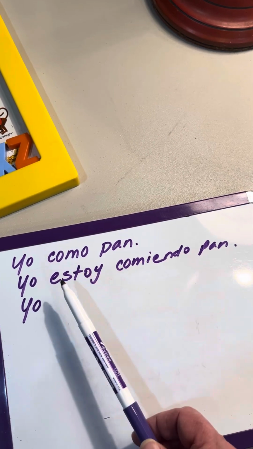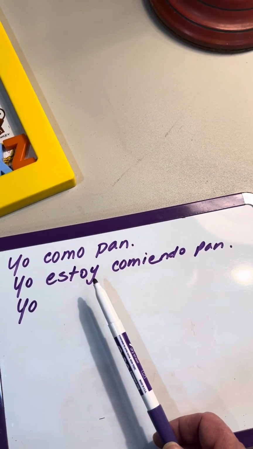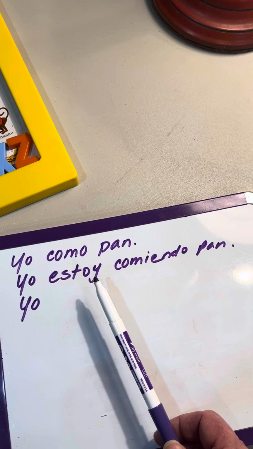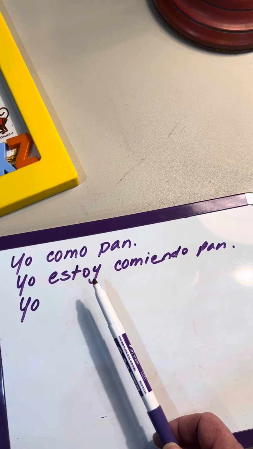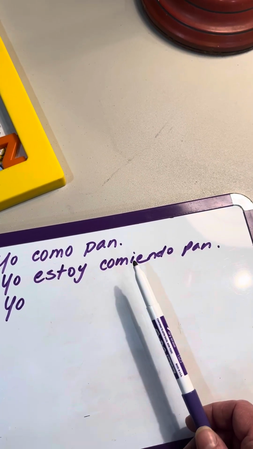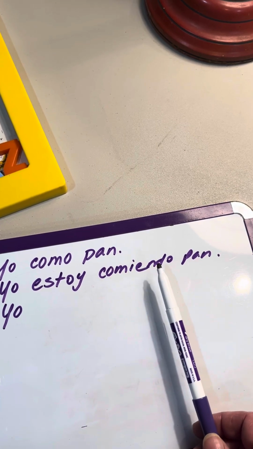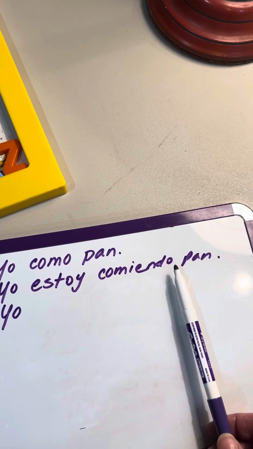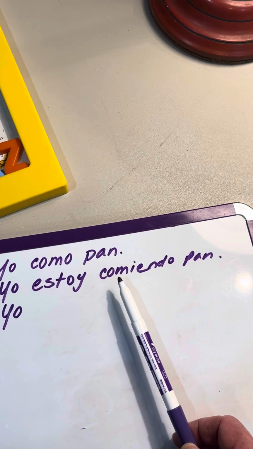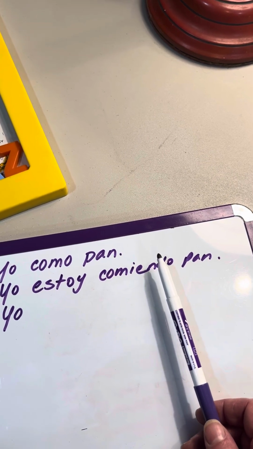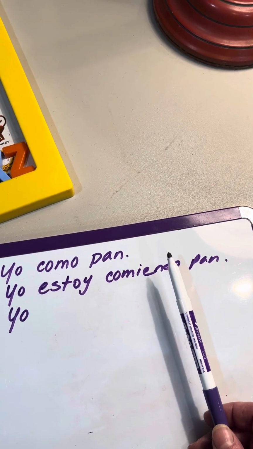So we have learned the conjugation of the estar. Estoy, estás, está, estamos, estáis, están. We've learned the ing. We have either comiendo, which is your iendo, or the ando.